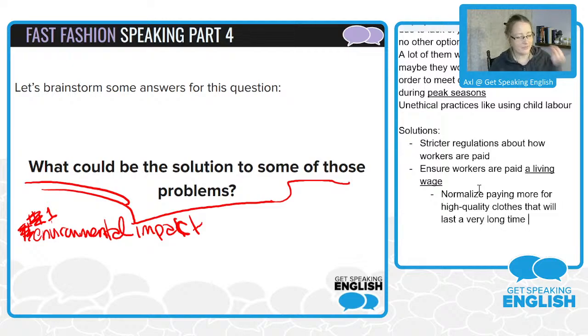Because I think right now people are encouraged to buy very, very cheap articles of clothes, right? But they don't expect the clothes to last for a really long time, right? It's normal to just wear something for maybe a year or two and then have to get more and more and more, right?